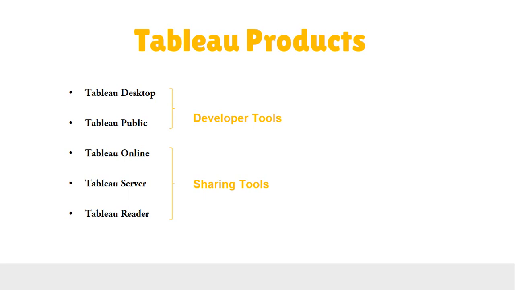After they've been combined, a story or a dashboard is created. Now this dashboard contains reports or visual insights into the data. This dashboard needs to be shared throughout the community, the team, the management, wherever we want. That is why Tableau products are divided into the developer tools and the sharing tools.